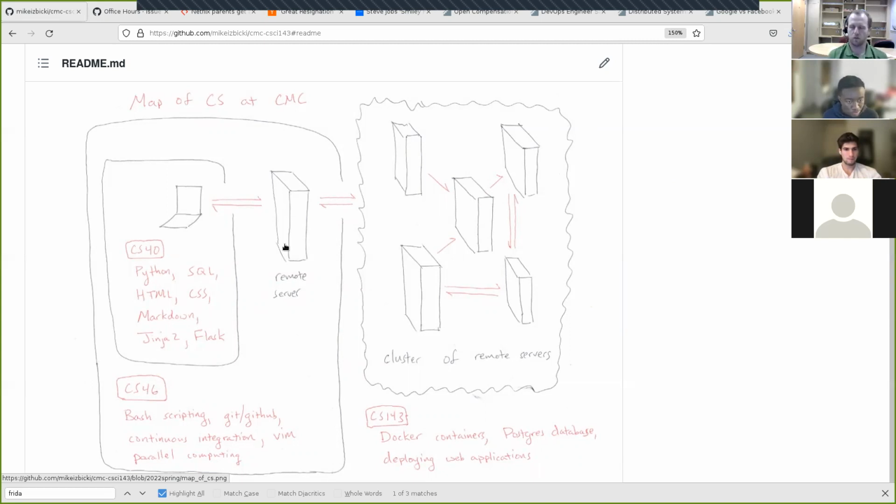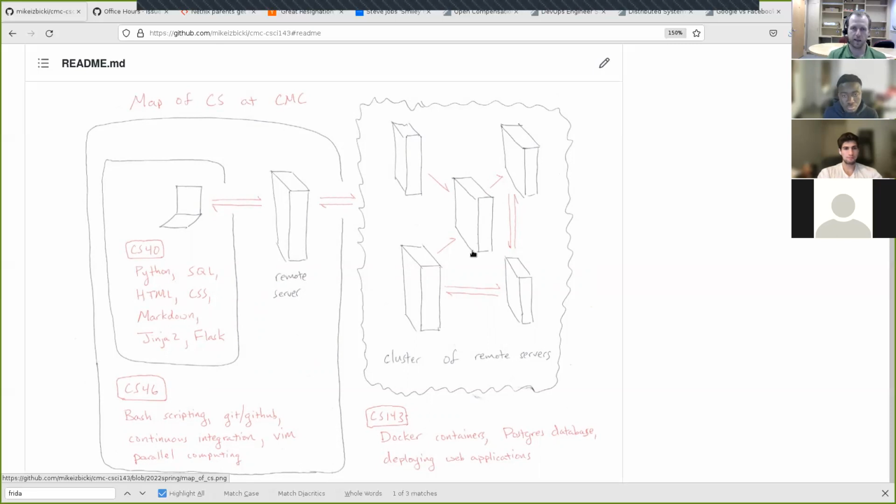But in this big data class, we're going to be controlling an army of remote servers, potentially thousands of them. The techniques we'll use scale essentially indefinitely, all the way up to Google scale, where they have literally hundreds of millions of computers in data centers all over the world working together.